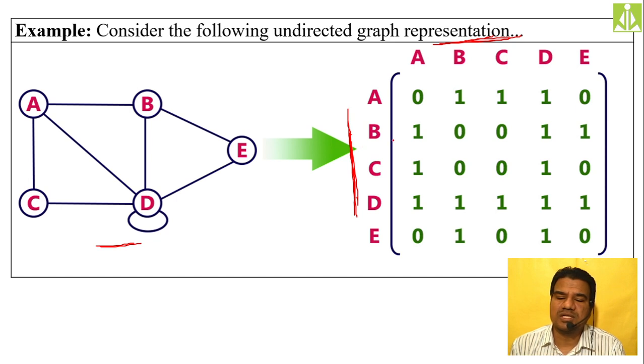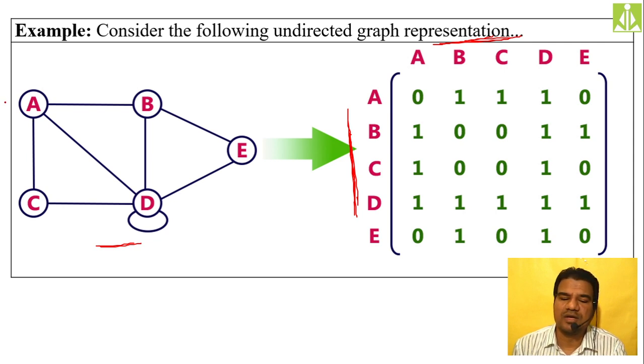Now just check the coinciding point where column A and row A meet. Over there, what you have to do is check if there is a link from A to A. Do we have a starting and end point for a particular edge as A only?